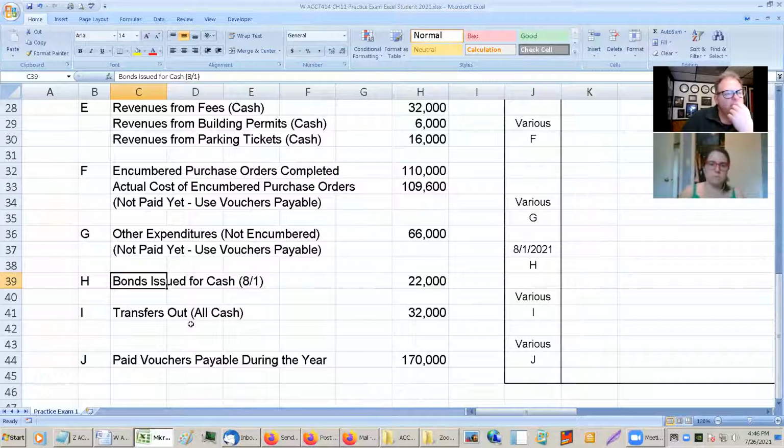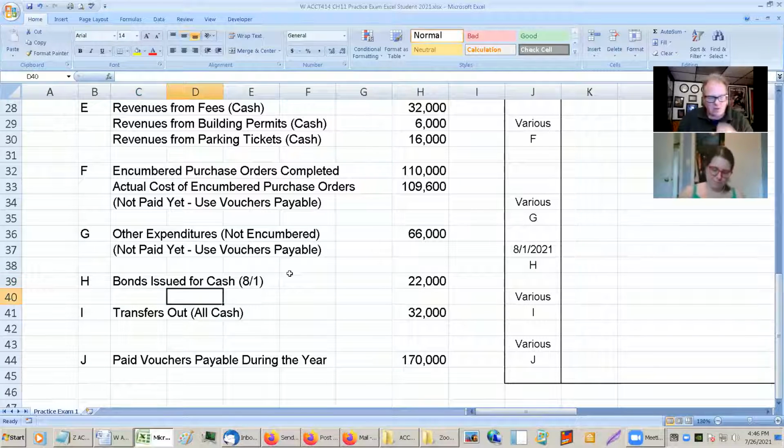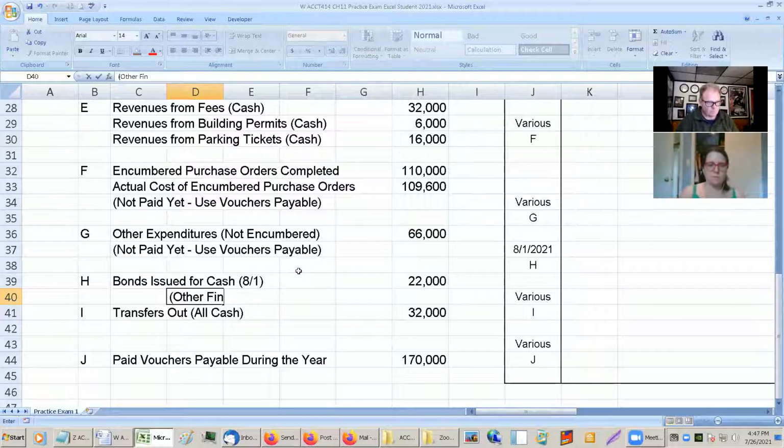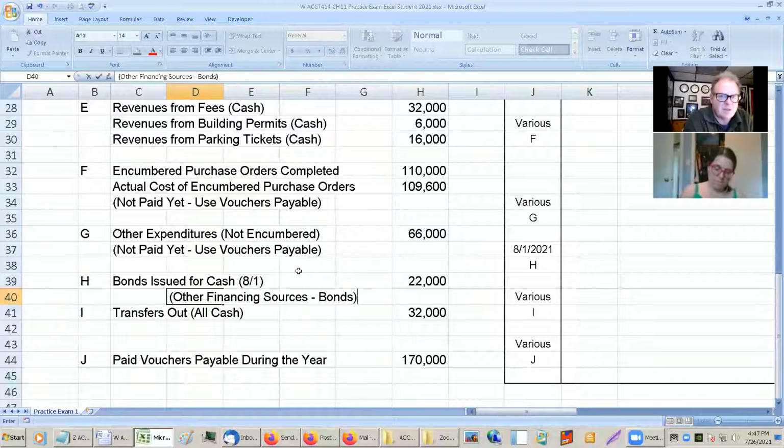This bond issued for cash, we didn't do this one. This would be other financing sources, bonds.